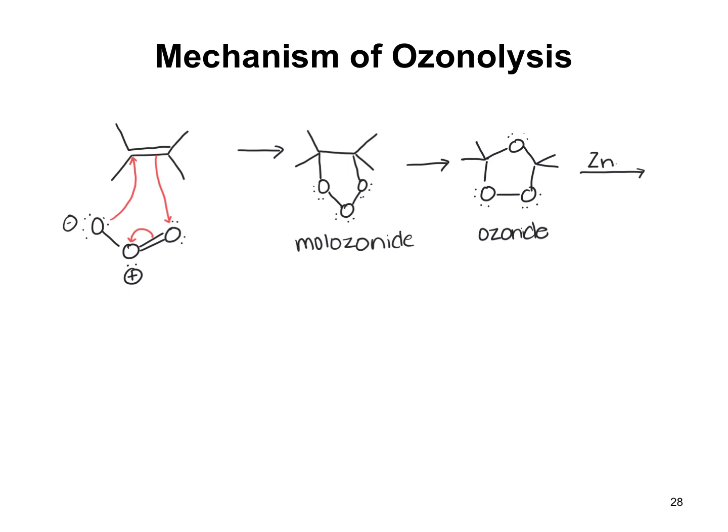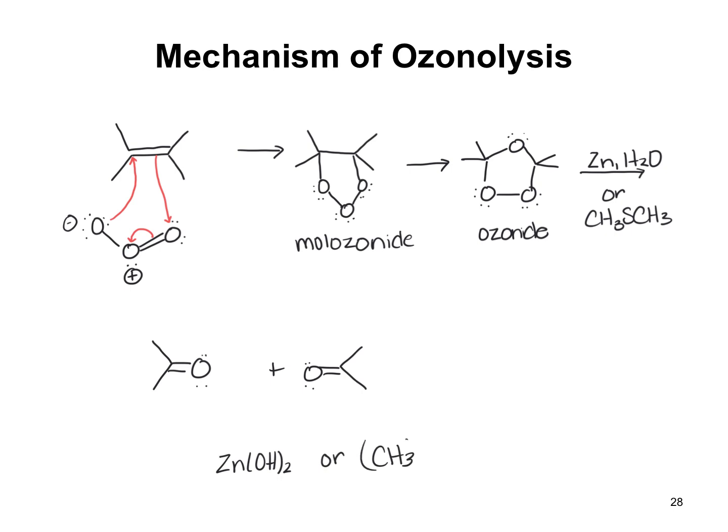And so we use zinc and water, or dimethyl sulfide. And then we get our 2 products here. Sorry, I said 2 byproducts. We get our 2 products here. And then the byproducts, which will be either zinc hydroxide or there. So that's how we convert these alkenes into carbonyl compounds.